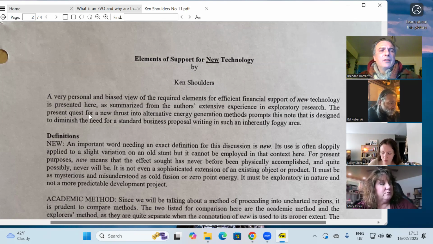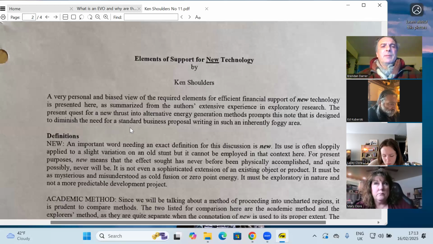The present quest for a new thrust into alternative energy generation methods prompts this note that is designed to diminish the need for a standard business proposal writing in such an inherently foggy area.